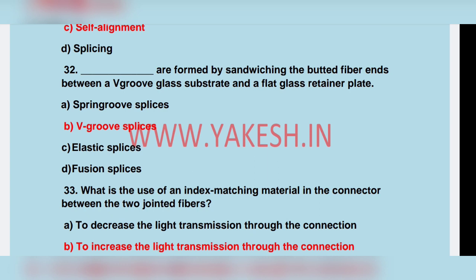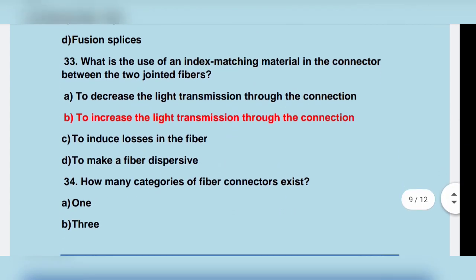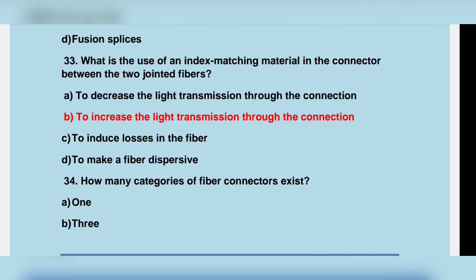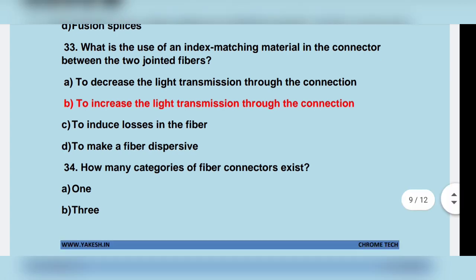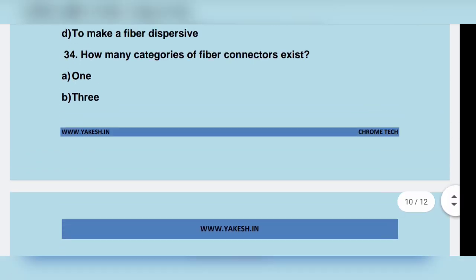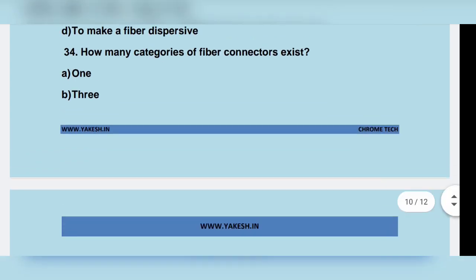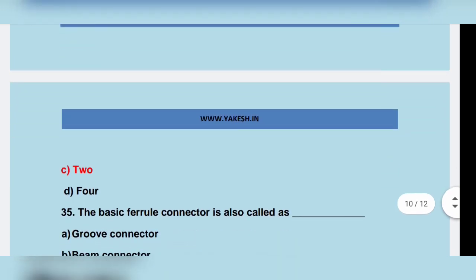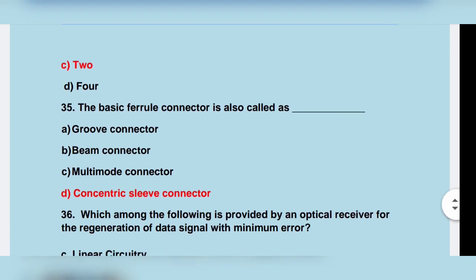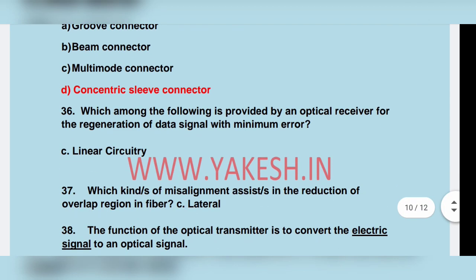Option B. What is the use of index matching material in the connector between the two jointed fibers? Option B. To increase the light transmission through the connection. How many categories of fiber connectors exist? Option C. 2. The basic connector is also called the concentric sleeve connector.